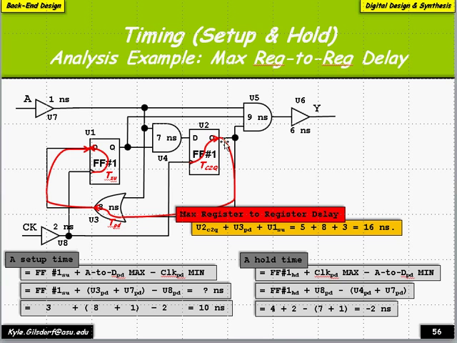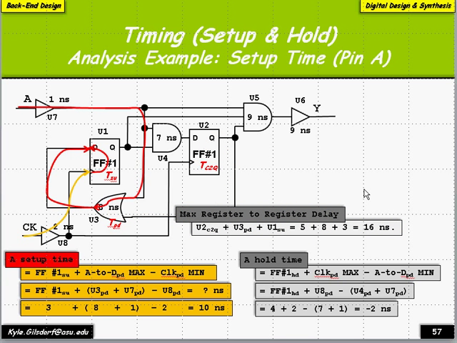It's the clock to out plus the propagation delay of the OR gate plus the setup requirement of this flip-flop. So our register delay comes out to 16 nanoseconds. Now let's look at the setup time for pin A, because our only input to this design is A.